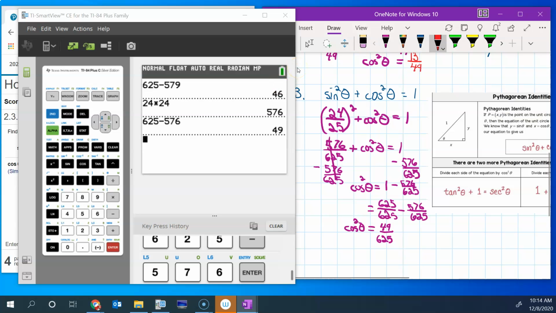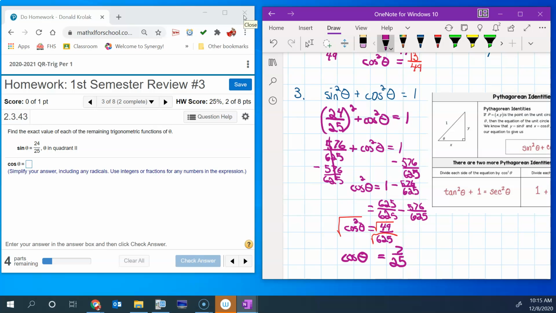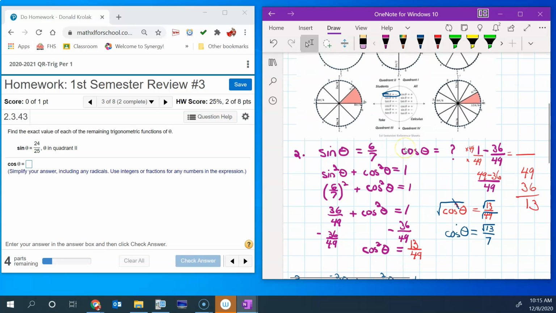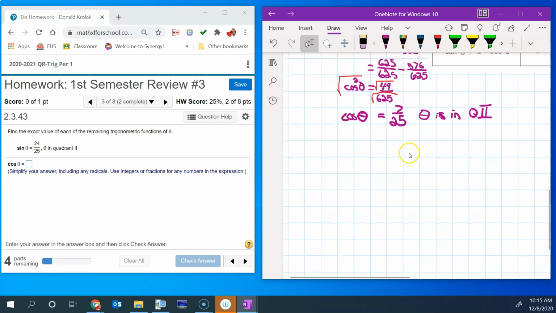Now take the square root of both sides. And I end up with cosine theta, whoops, just cosine, not cosine squared, equals 7 over 25. Now, when you go back to do the answer, it says theta is in quadrant 2. So in quadrant 2, cosine is negative. So this answer is going to be negative 7 over 25.